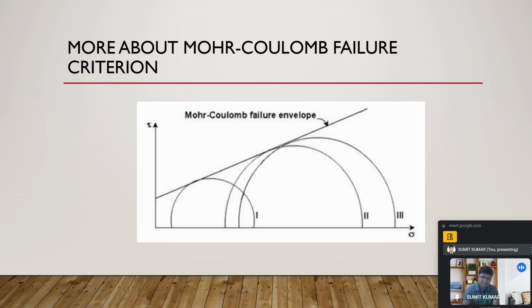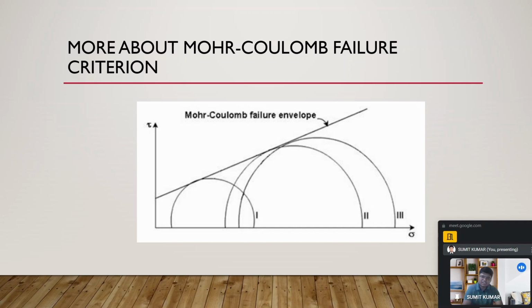Suppose earlier we took the value of sigma 3 as 20, afterward we take sigma 3 as 22, and on the basis of that we form a circle. After that we take sigma 3 as 25, we again get some value of sigma 1, and on the basis of that another circle gets formed.